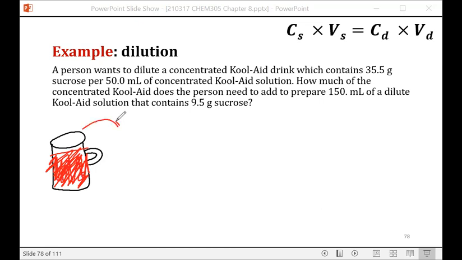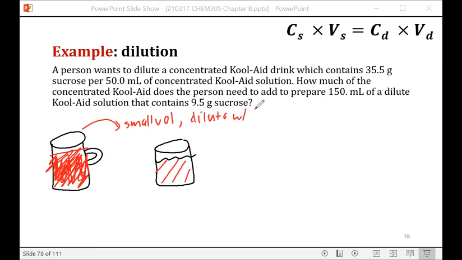And they want to take a small volume of that and dilute it with some water to make a less concentrated solution, so that in the resulting solution, they have less sugar. They started out with 35.5 grams for every 50 milliliters of solution, and they want to end up with 9.5 grams per 150 milliliters of solution.